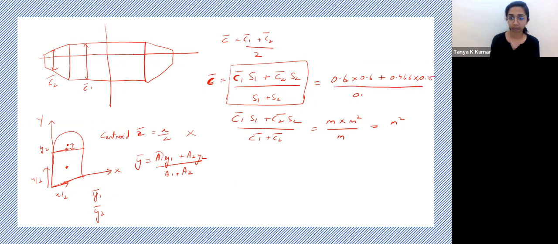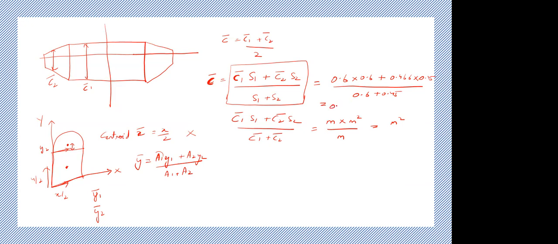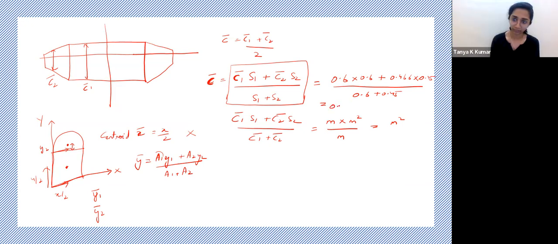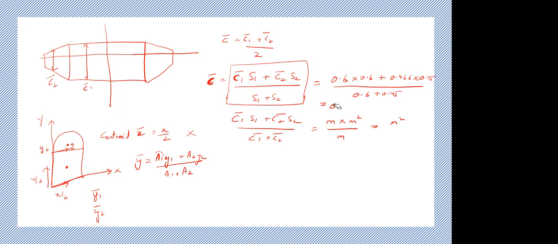This one is 0.6 plus 0.45. What is this value? Just calculate and tell me. 1.39. 0.3. Are you sure?